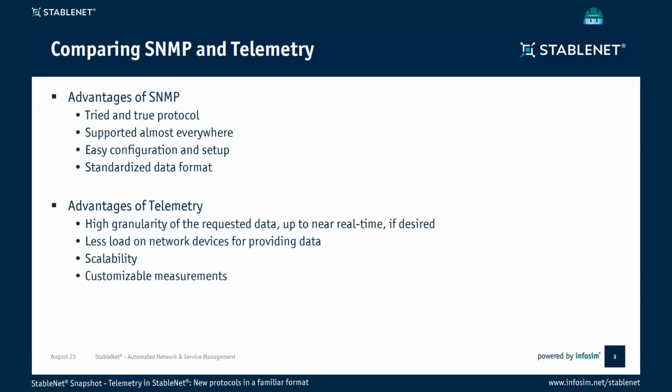Simultaneously, the possible data granularity is much higher. With telemetry, you can receive data in near real time if you wish to do so. Additionally, depending on the protocol, the configuration of the measurements or respectively subscriptions is highly customizable.